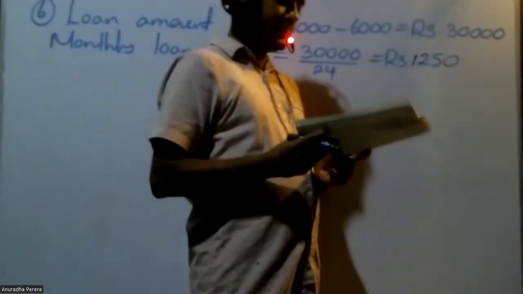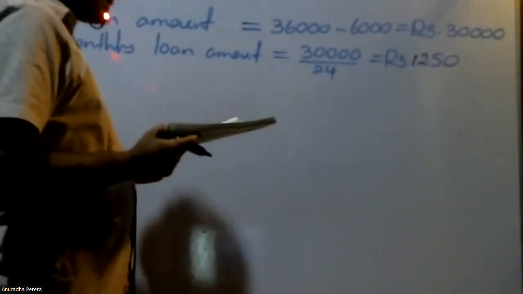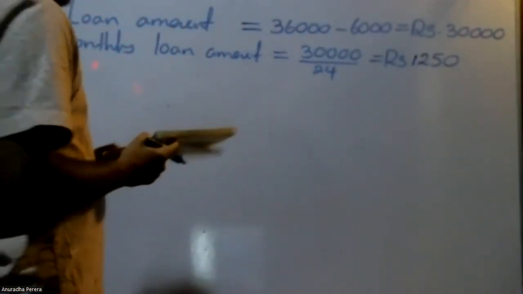This is monthly loan amount. And value of an installment is given, 1,500.